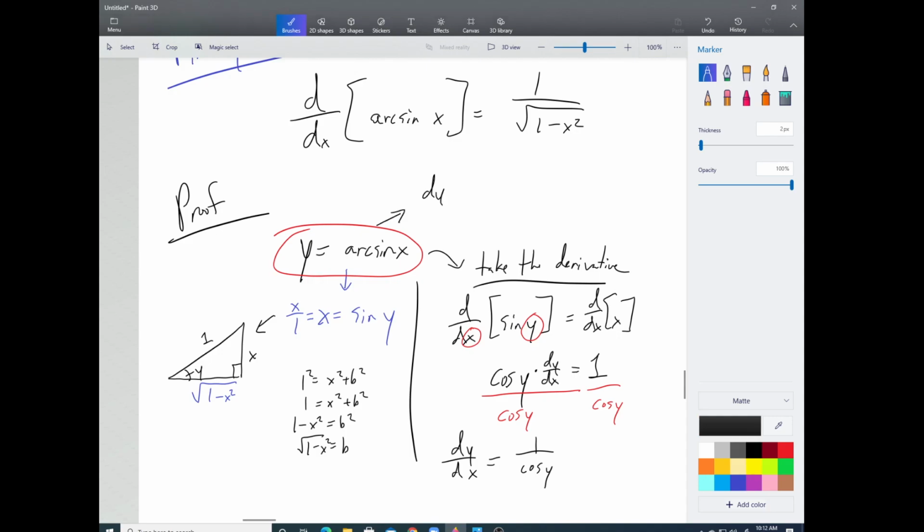So when we find the dy dx, we have found the derivative of the arcsine. The only thing is our derivative has a y value in it, and we don't like that. We want to deal with that. But we have found this is the derivative of our arcsine. The derivative of the arcsine of x could be defined as 1 over the cosine of y.